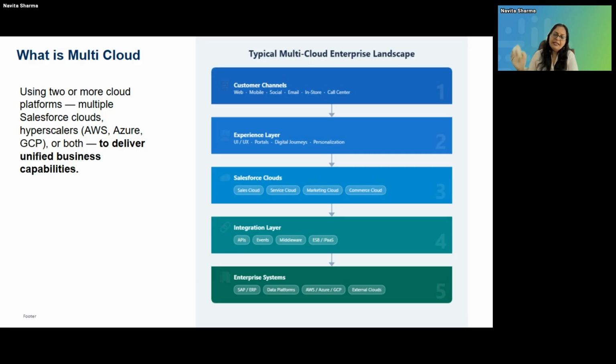So there could be many systems, and sometimes they have a cloud version, or they have some hyperscalers also in the landscape, where they would want to integrate with Salesforce. So in that case, we have that integration layer, and then enterprise systems or clouds which talk to the integration layer to talk to Salesforce. So this is how your multi-cloud architecture works, along with Salesforce as well as outside Salesforce, where we are talking native clouds and external periphery clouds.